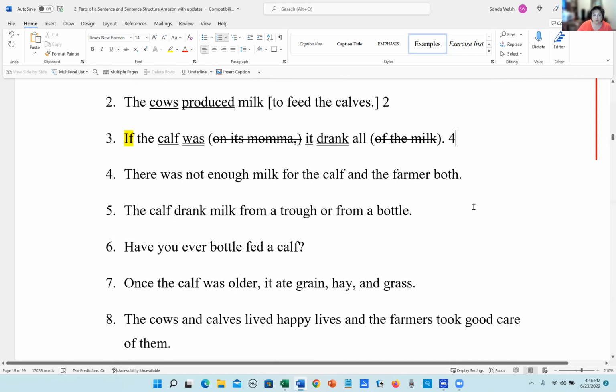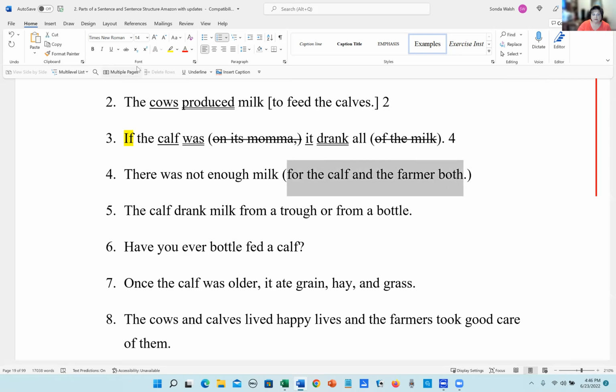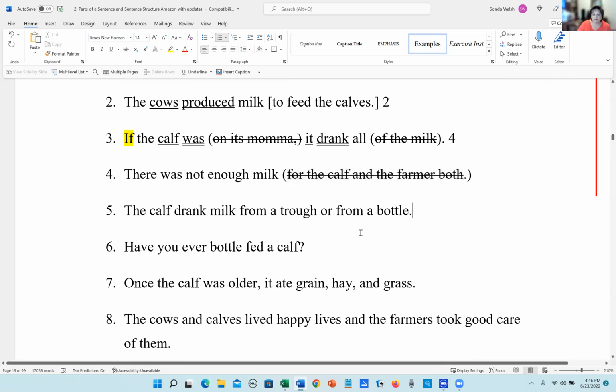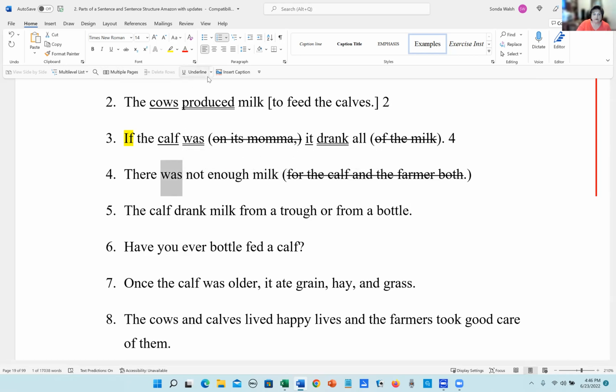Okay, number 4. Here we have the word "there" that tells us our subject and verb is going to be inverted. So let's find our prepositional phrases. "For the calf and the farmer both" is the whole thing a prepositional phrase. So I'm going to strike through that. Now I'm looking for a verb, "was," and remember, whenever you have the word "there," your subject and verb is inverted.